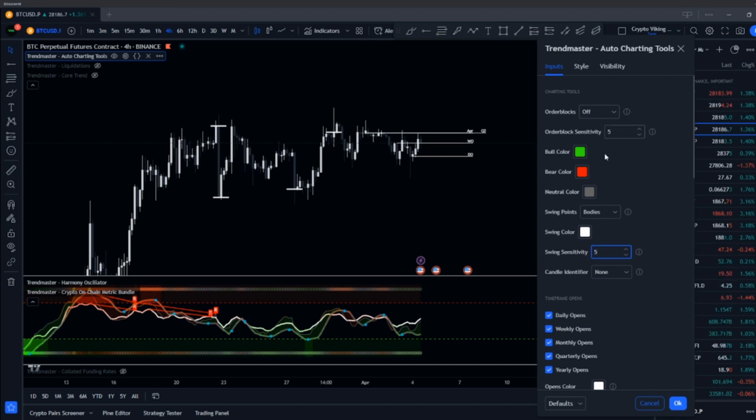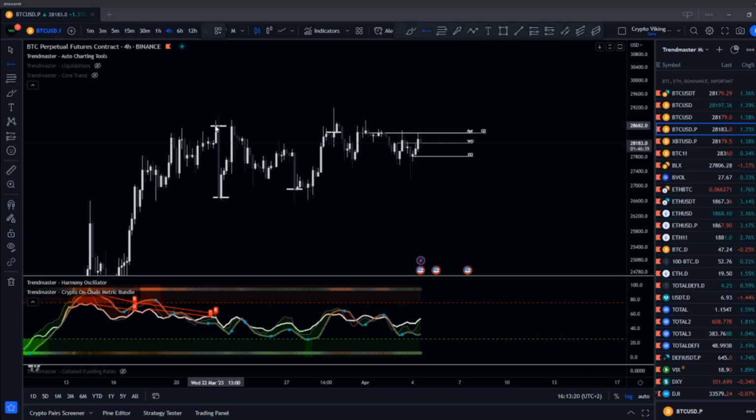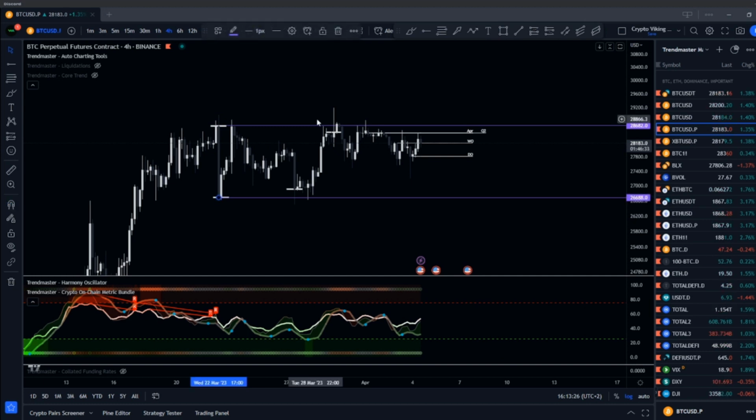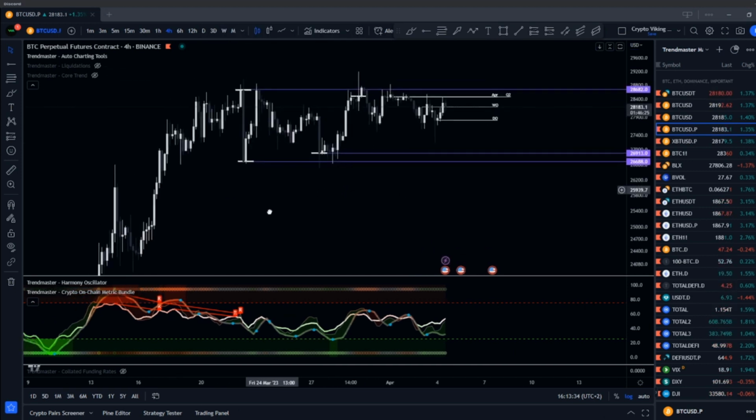I generally like it to be shown on the bodies, because it's showing the high of the swings, not counting the wicks to the upside, but where it really closes. Very often you'll see that these levels become major points of confluence for the rest of the structure. It's so important to see that, because once you start noticing when and where these things do that, you can see a very nice local test of a level that really coincides with the price action overall.